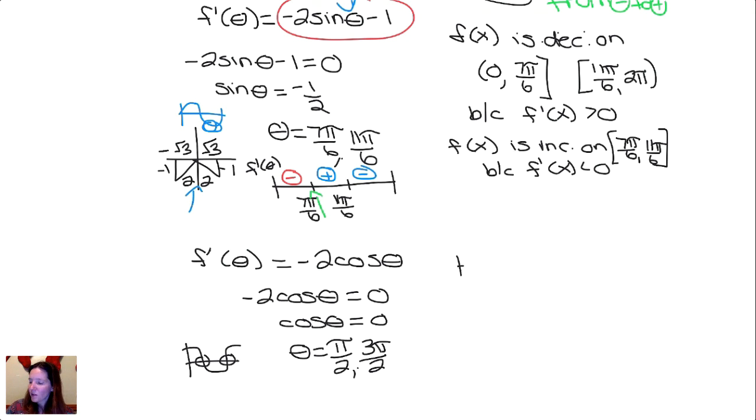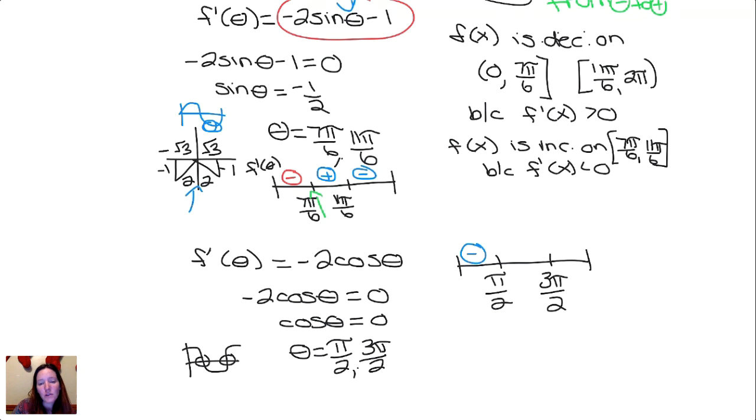So I'm going to make another little number line here, and I'm going to check some signs on each side of pi over 2 and 3 pi over 2. Over on the 0 to pi over 2 side, cosine would be 1, times negative 2 is negative.